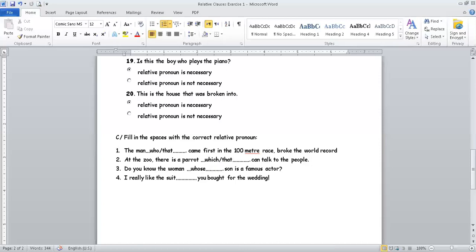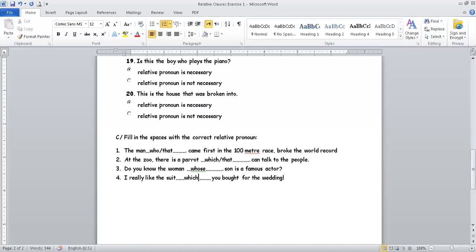4. I really like the suit you bought for the wedding. We want to define suit. The suit is something, not someone. So we choose the relative pronoun which. I really like the suit which you bought. You bought the suit. So the suit here is the object.